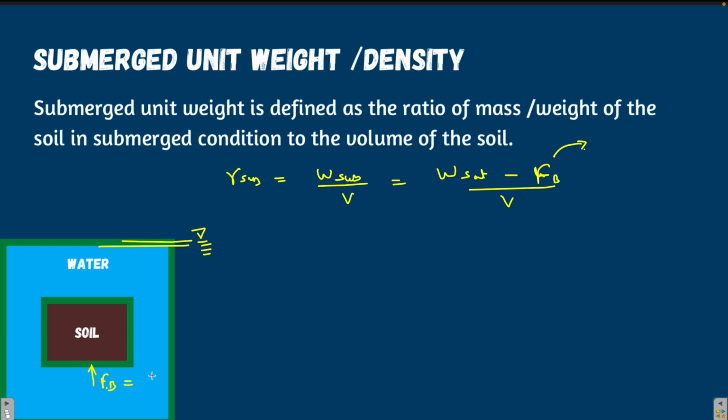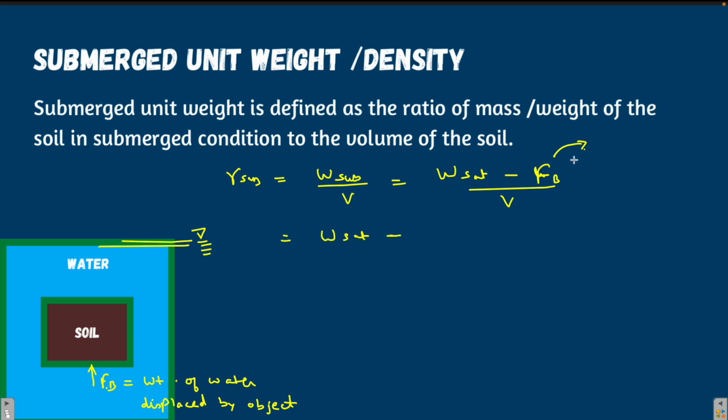The force of buoyancy is the weight of water displaced by the object. So if any object is submerged in water, the amount of water it displaces, the weight of that water is same as the force of buoyancy.